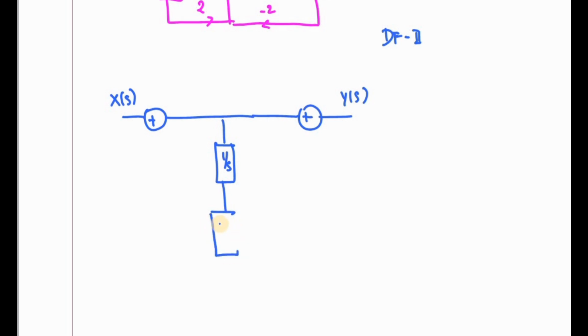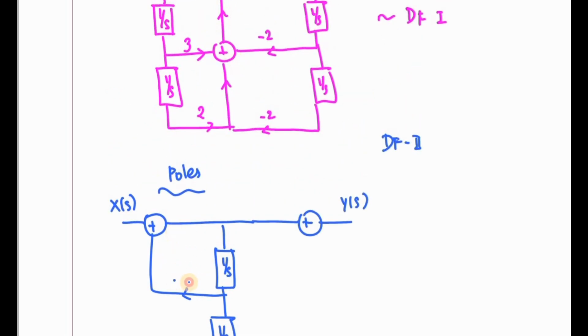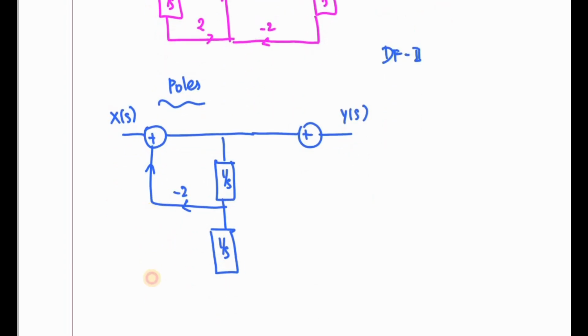So here comes the poles. So here must be poles, the same as the direct form 2, that is minus 3 and minus 5, right?